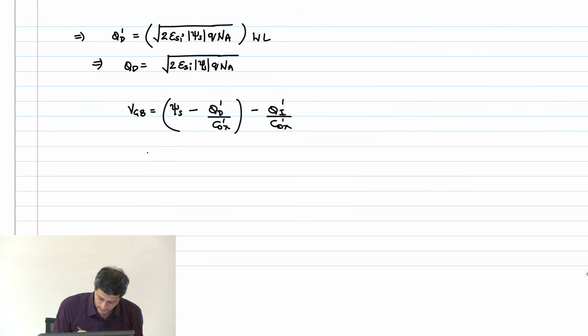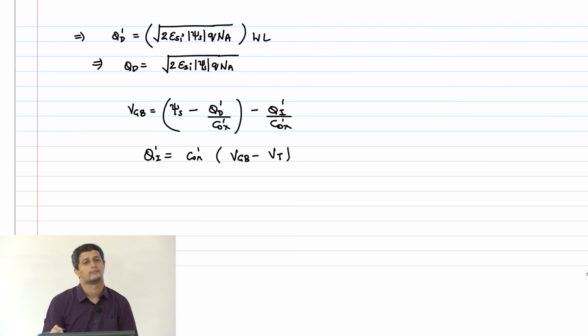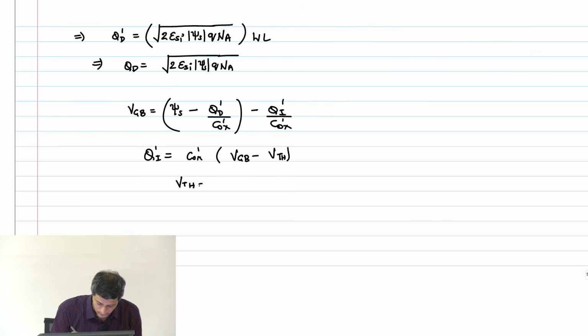Okay. So, what is my inversion charge that is available? It is basically Cox prime into VGB minus the threshold voltage. So, therefore, VTH is defined as psi s minus 1 by Cox prime into root of 2 epsilon Si mod psi s into Q Na.